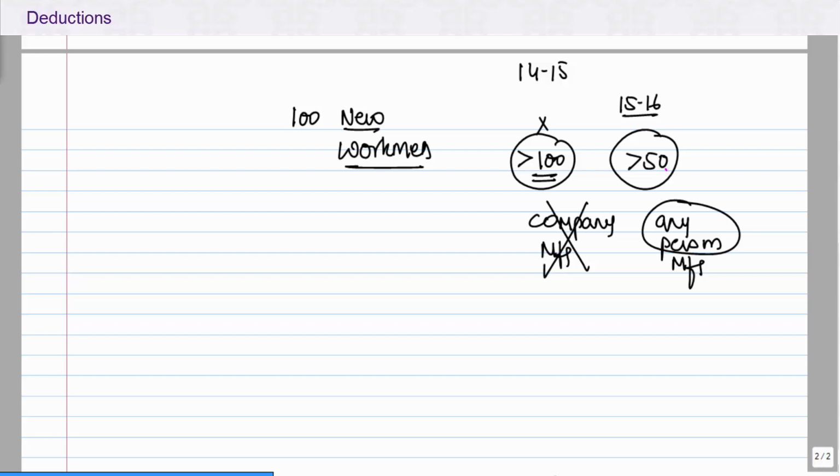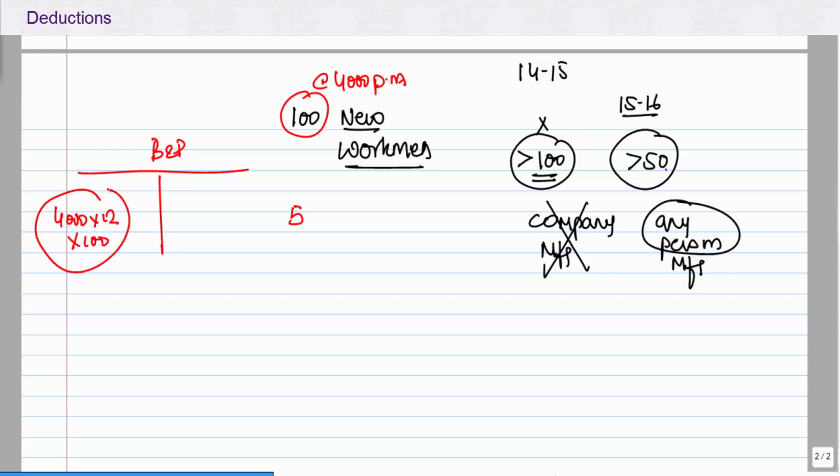So now what is going to happen? If a person employs 100, let's say at the rate of 4,000 per month. So while computing business income, we say 4,000 per month into 12 into 100 is allowed as a deduction under Section 37. That is one. Now, suppose this is happening in 15-16.